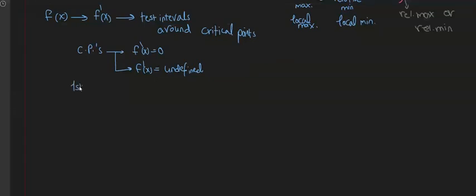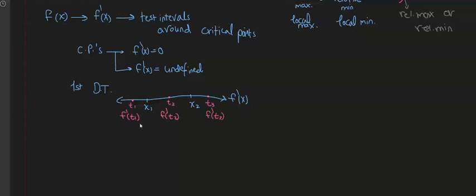Then we will be ready to apply the first derivative test, which is on the number line, testing the function using the f dash of x, which is the first derivative, around the critical points that we might call x1 and x2. And according to f dash, we are going to test each interval. We are going to test, for example, interval 1 by test point 1, interval 2 by test point 2, and interval 3 by test point 3, and hence, according to the f dash of t1 and f dash of t2, according to the sign, we are going to conclude what would happen in the f.